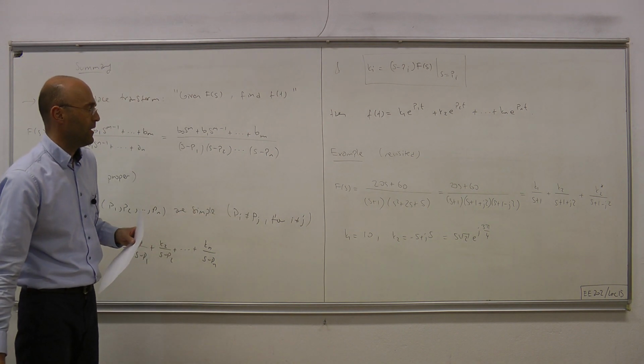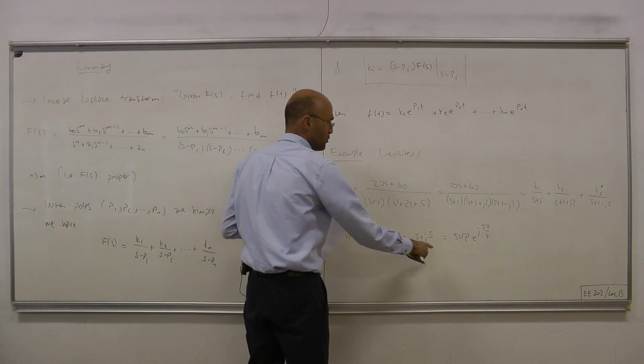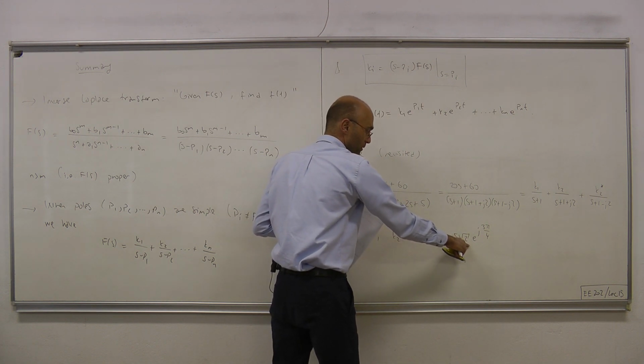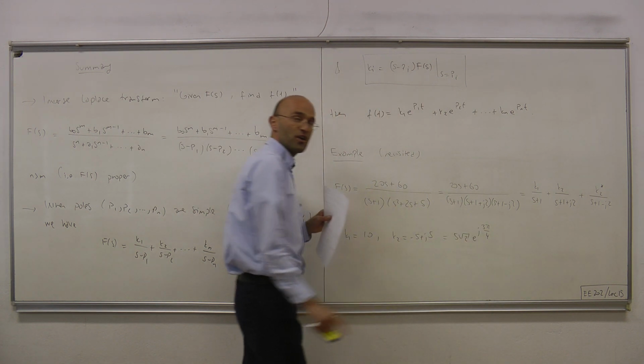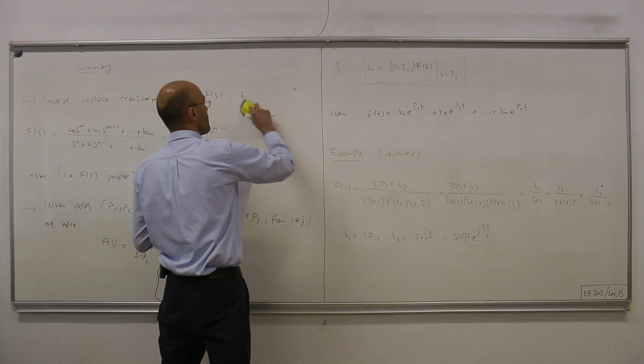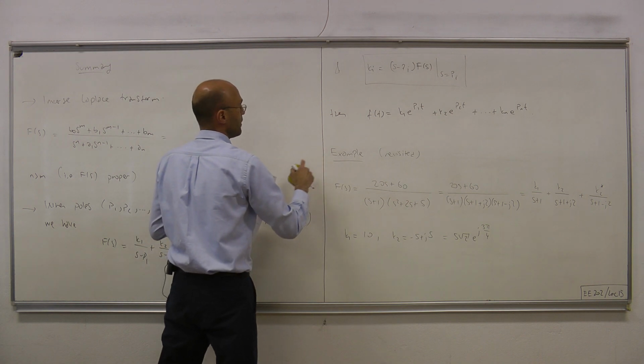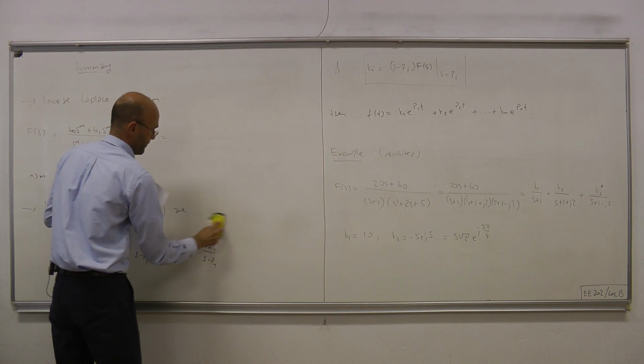This is k2, therefore k3 is in polar form the same magnitude times e to the minus j 3 pi over 4. And with that, we can write f of t very easily.